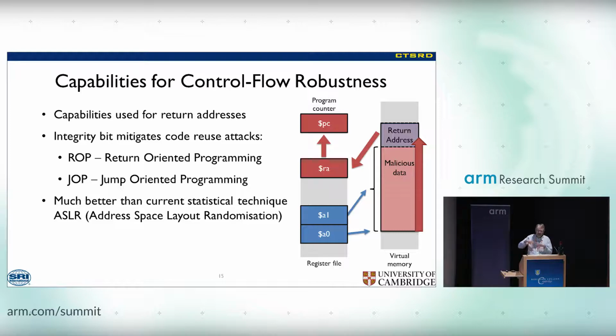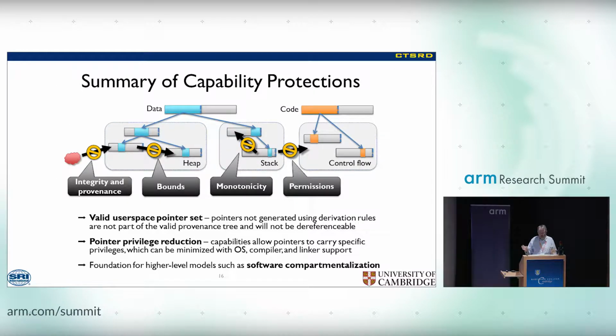And in particular, if an attacker is attempting to cause a buffer overflow, and overflow that return address on the stack, that capability will get overwritten, the validity tag will get cleared, and that return address is no longer a valid return address. So if it gets mapped into the return address register and put in the PC, you get an exception. So it mitigates all those things.